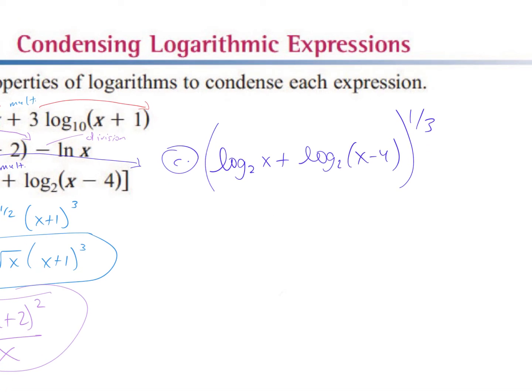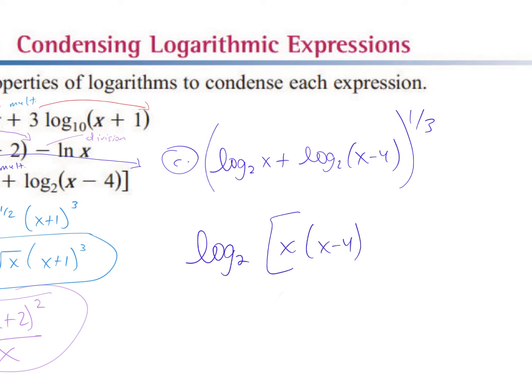So if I rewrite this, how many log 2's am I going to have? 1. I have 1 log 2. I'm going to write it out here out in front. And then I have x, what? Times x minus 4, right? And this whole thing is raised to what? The 1/3 power.